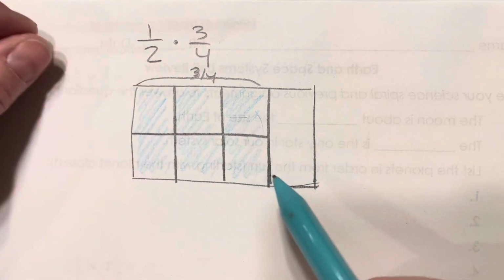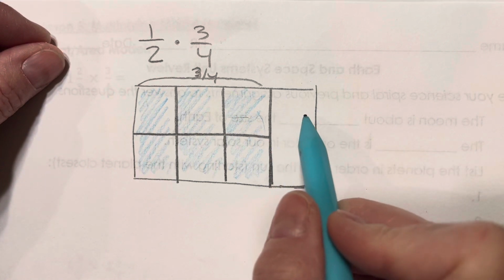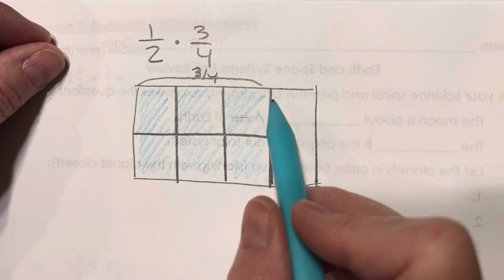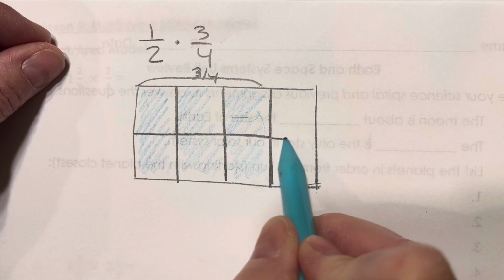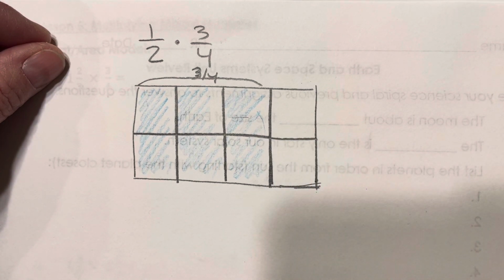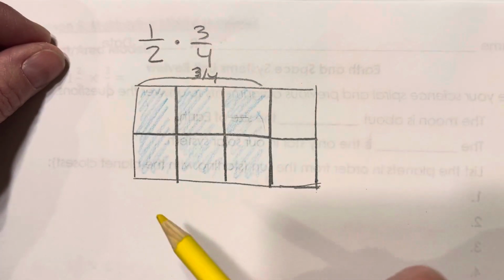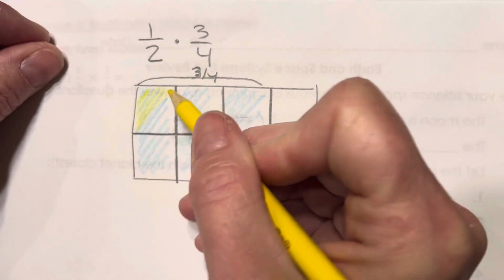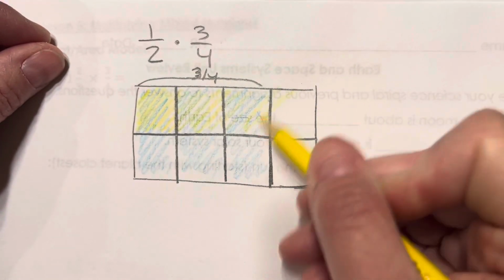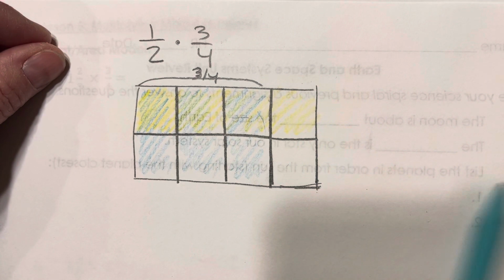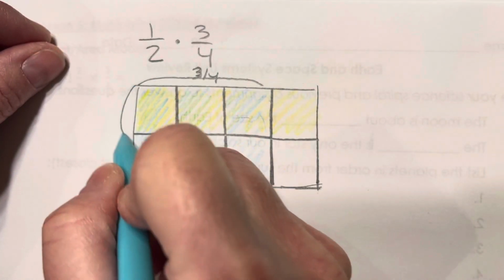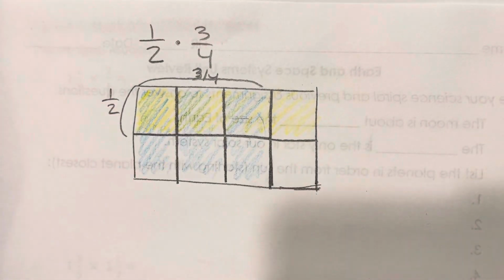I only want this top part, but we are going to need to know how many rectangles this rectangle is cut up into. So I'm just going to draw my line all the way. And to show half of 3/4, I would only shade one of these 2 pieces I just drew. And this is the 1/2.